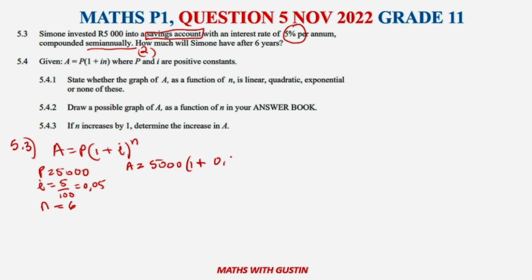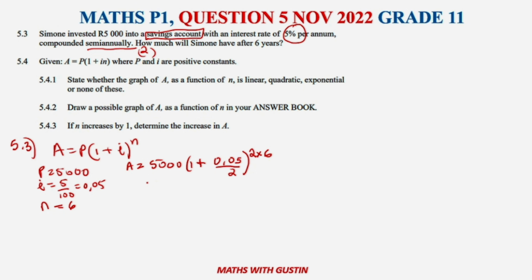You need to divide here: 0,05 divided by 2, because it's semi-annually, and n is 2 times 6 years. And that's how you would deal with a question like this one.